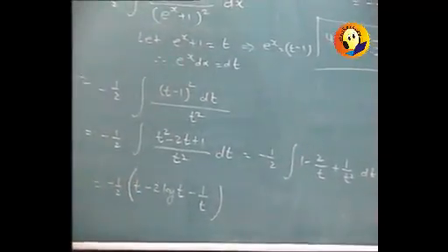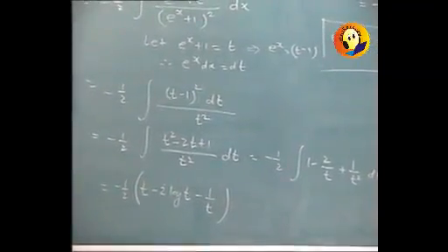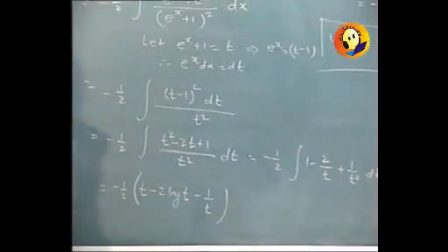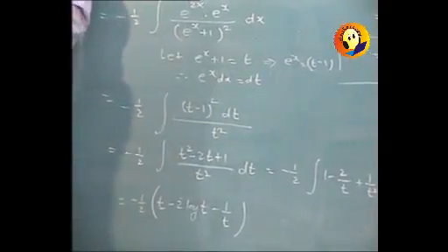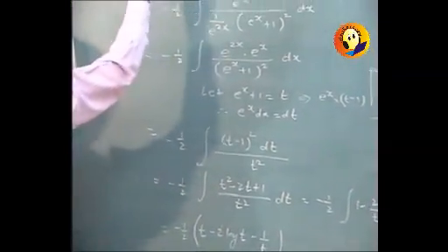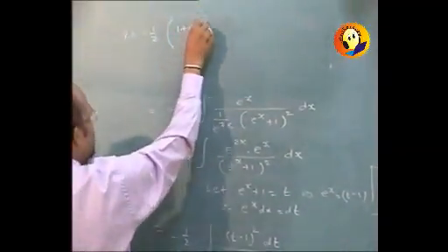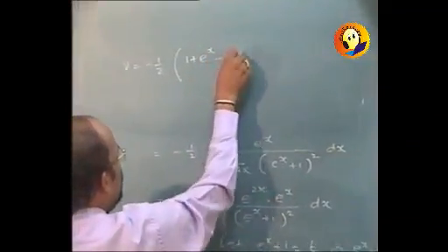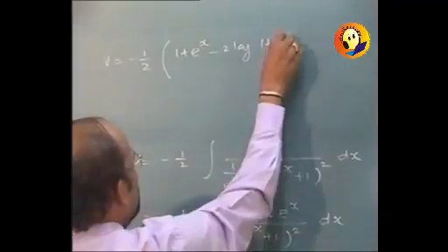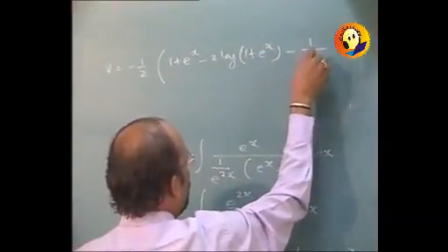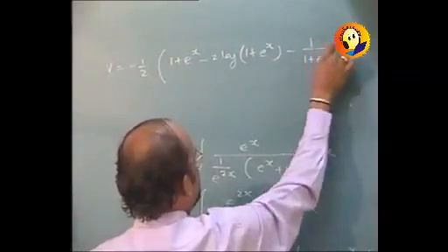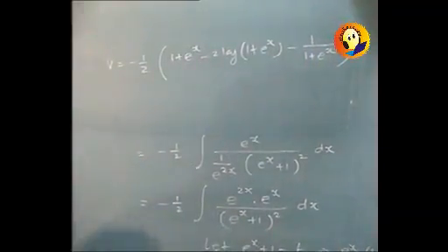And now we are required to substitute for t as 1 plus e raised to x. And so the value of v, which is pretty complicated in this case, will come out to be minus half into (t, that is 1 plus e raised to x, minus 2 log of t, that is 1 plus e raised to x, minus 1 upon t, that is 1 upon 1 plus e raised to x). No need to simplify it further. We are not going to achieve any goal through this.